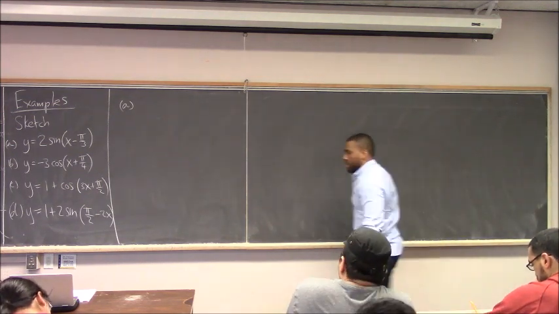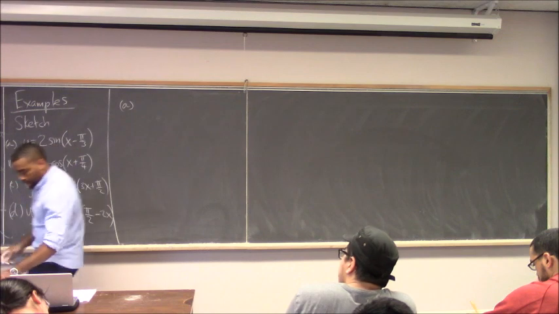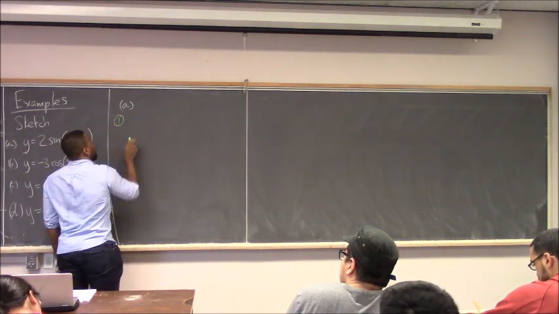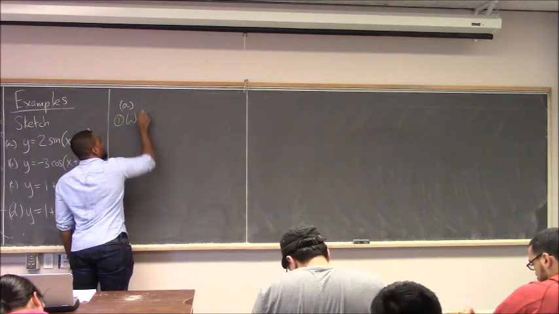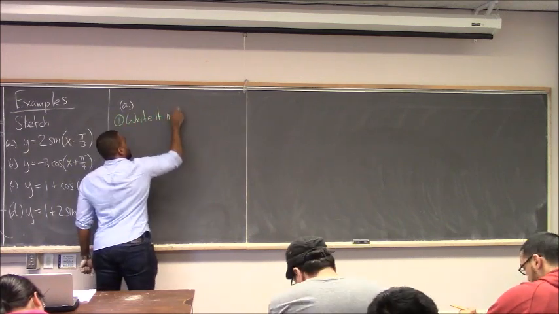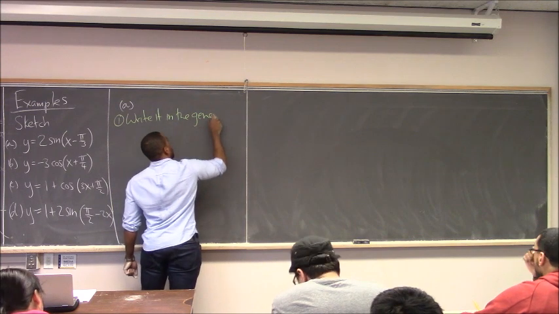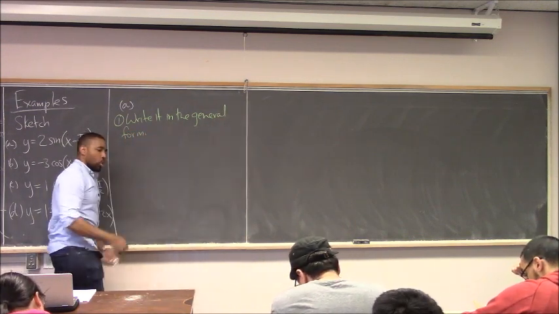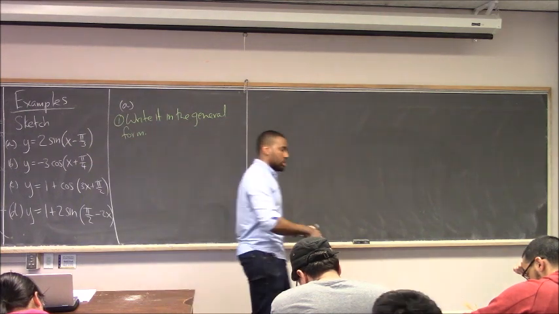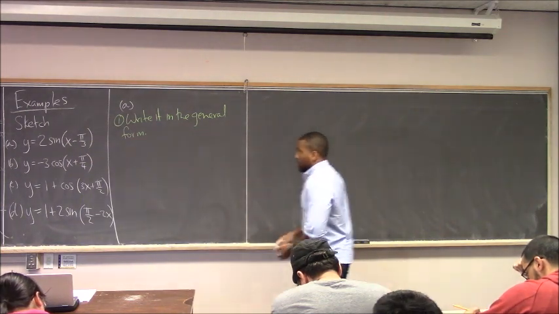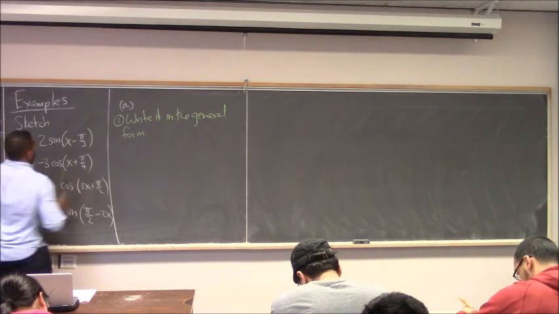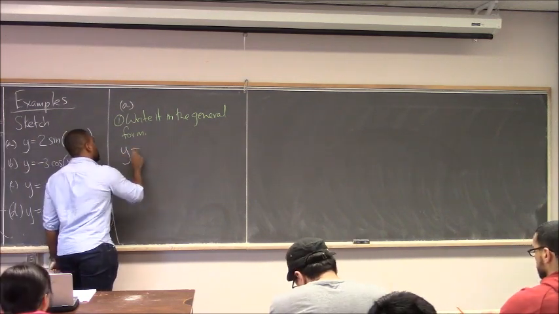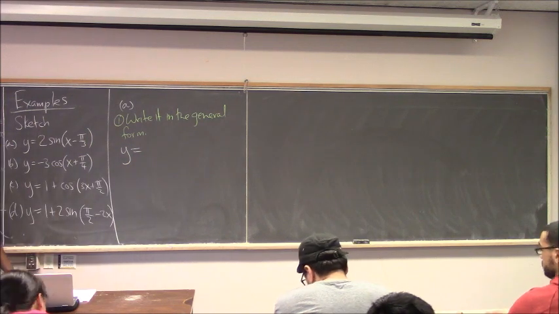So the first thing you want to do is write it in the general form. You want to expose who's the A, who's the B, who's the C, who's the K. So, given this function, I'm going to write it out laboriously to expose all these numbers.